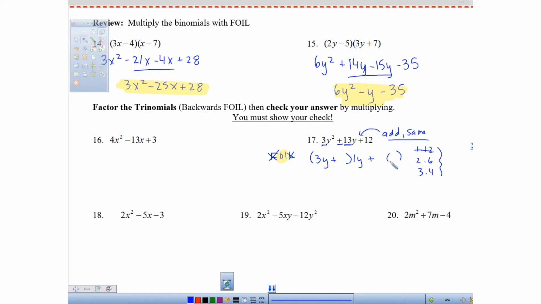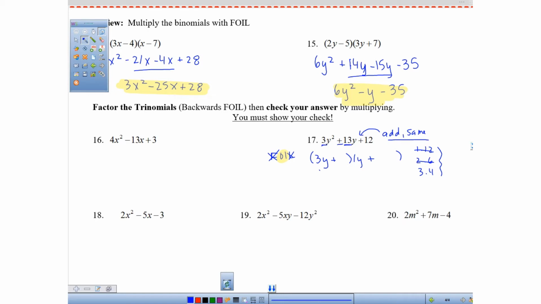Now I could put a 6 there and a 2 there, but I'm not even going to do that because I know that 6 times 3 is 18y, and I'm trying to add to get a 13. I'm already too big. So there's no way that 6 is going to go over there. So I'm going to try the other way. 6 there, 2 there. That gives me 6 and 6, which adds to give me 12, and that's not it. So I tried both ways on the 2 and 6, and it didn't work.